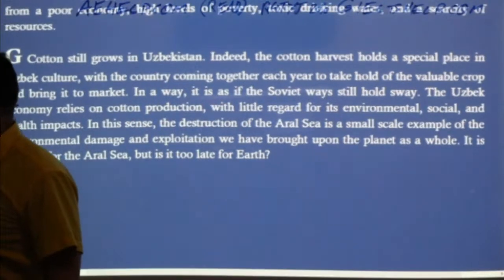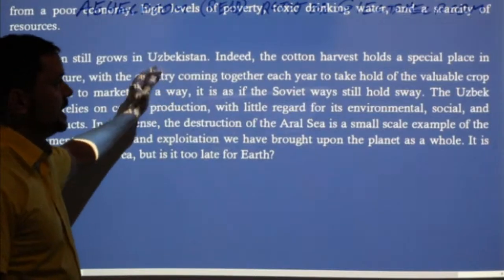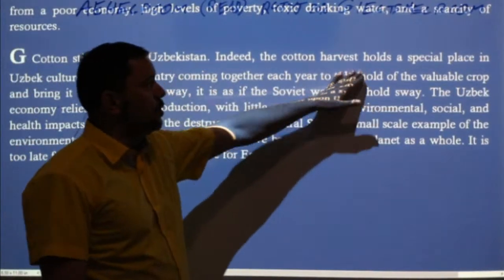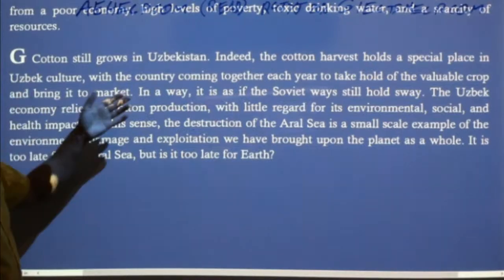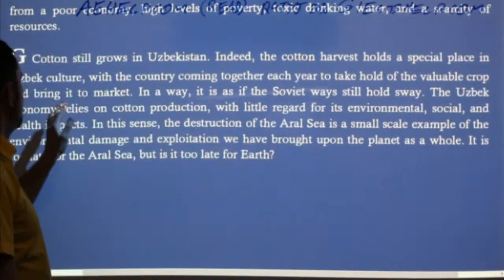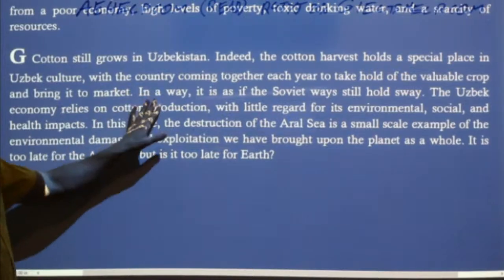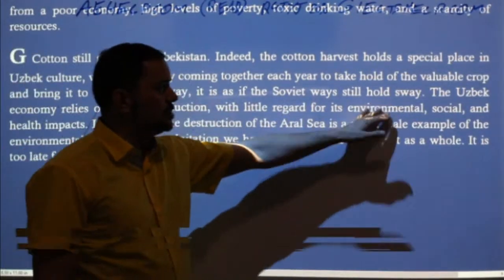Okay, here we go. Last paragraph, I believe. Read with me. Cotton still grows in Uzbekistan. Indeed, the cotton harvest holds a special place in Uzbek culture, with the country coming together each year to take hold of the valuable crop and bring it to market. In a way, it is as if the Soviet ways still hold sway.